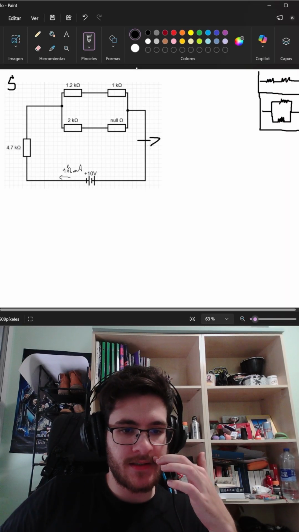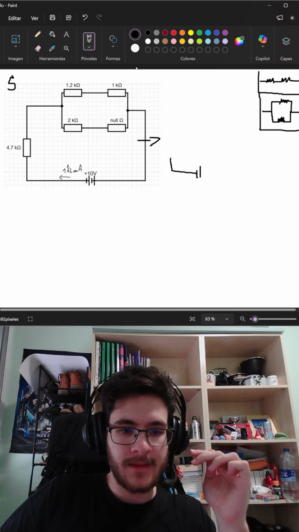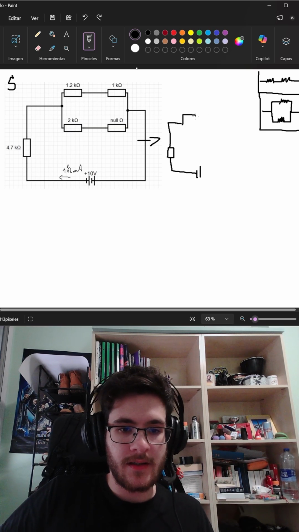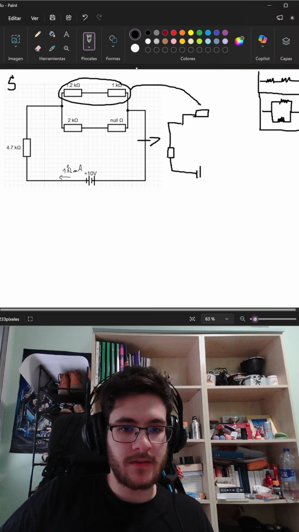So we can convert this circuit into this one. We convert these two into that one, and the value of the resistance will be 2.2 kilo ohms.